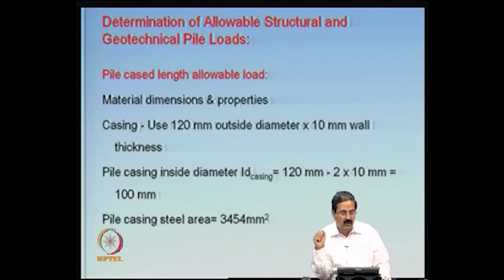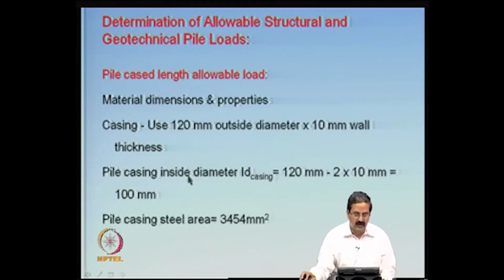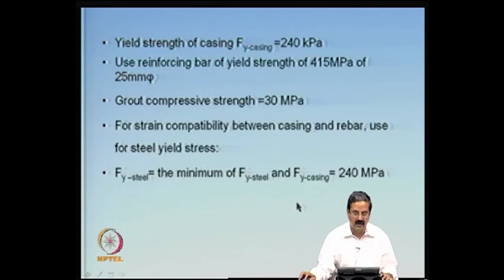And now I look at its structural capacity also, because structural capacity should be more than the geotechnical capacity, because it should work as a micro pile. So, we can use 120 mm outside diameter, and you have steel pipes or some simple casing, and you have all this steel area calculated, and we know the yield strength of this material.